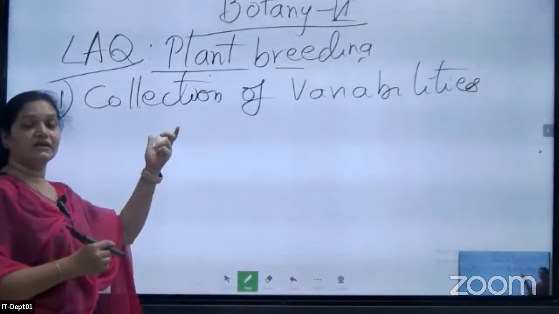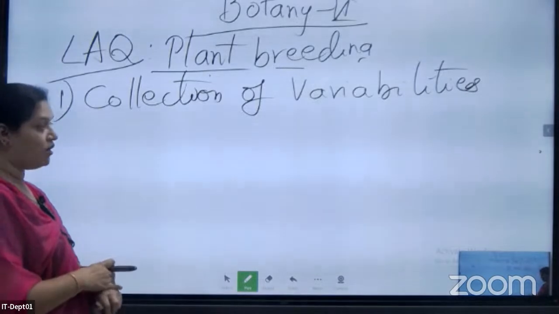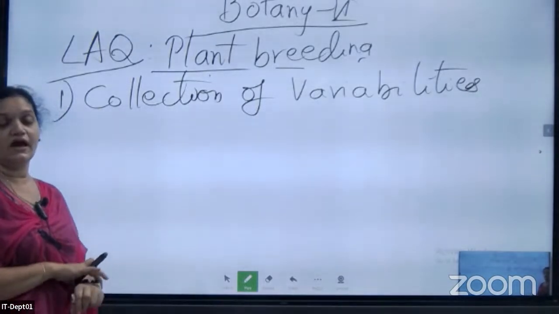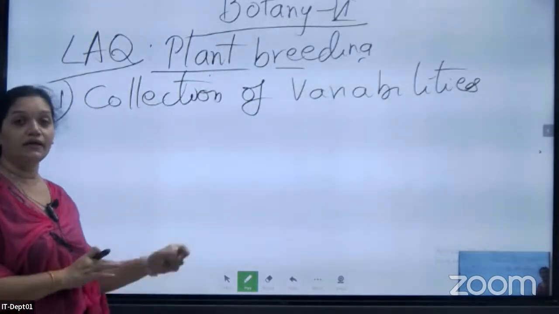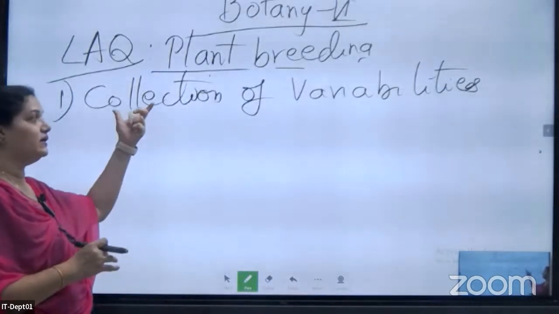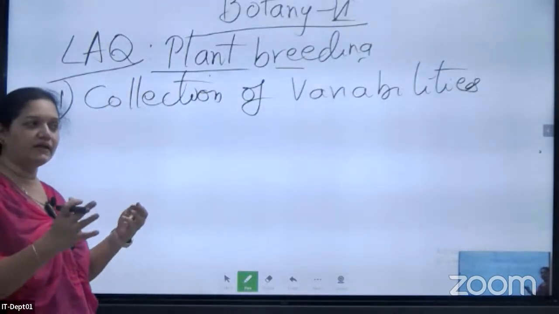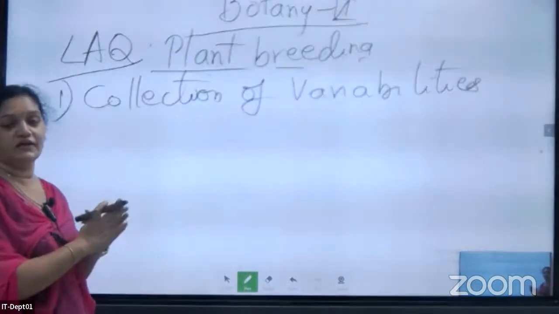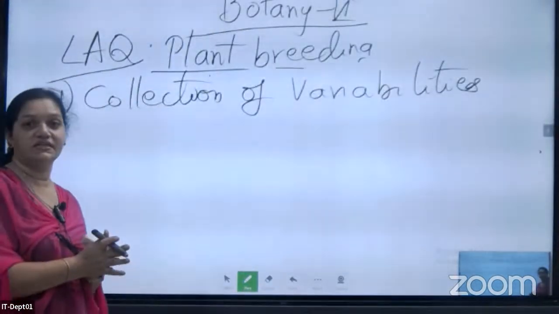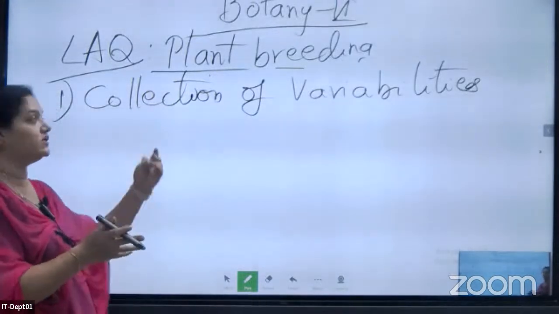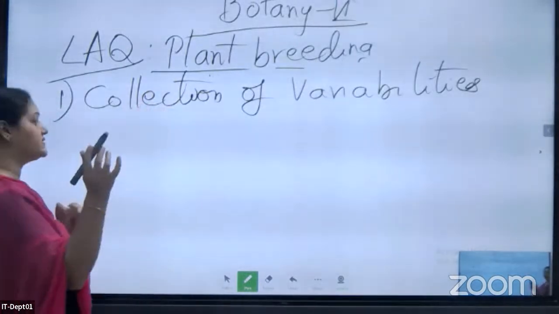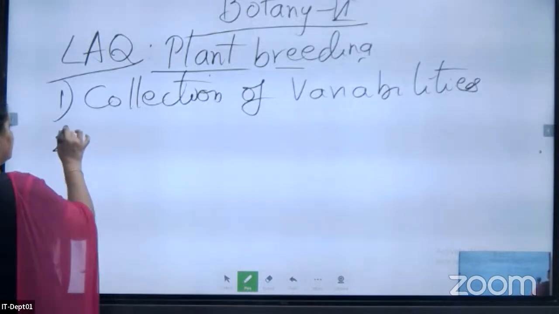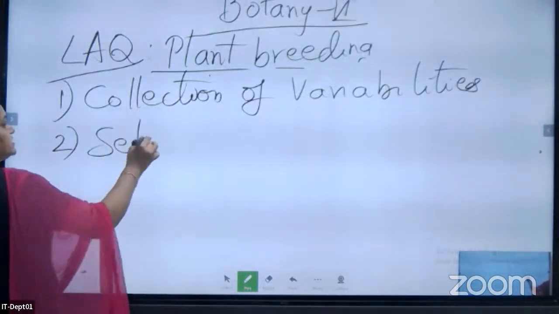In this, we will collect different plants of different varieties having the good qualities, and we are growing them and collecting and placing them in one specific lab along with their name and the good qualities. That is called the germplasm collection. That is the collection of variabilities. And the second step is selection of parents.